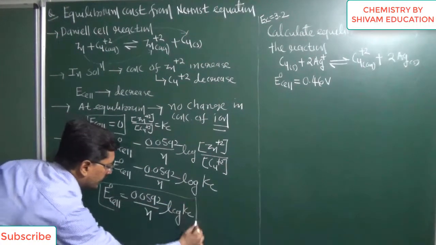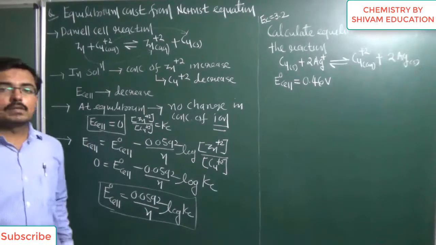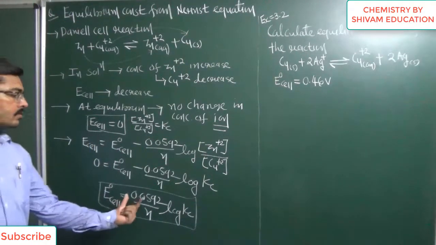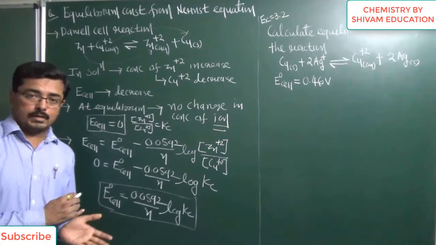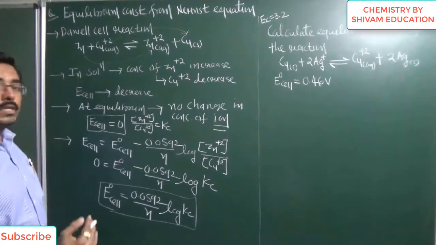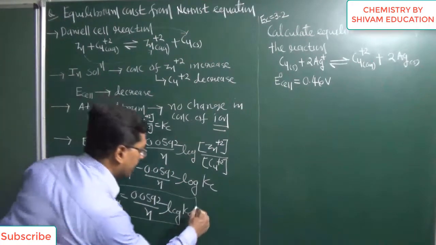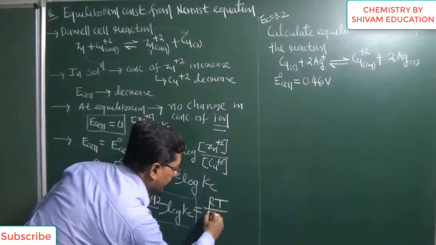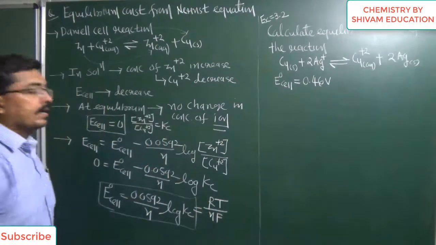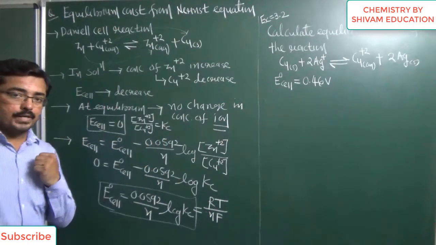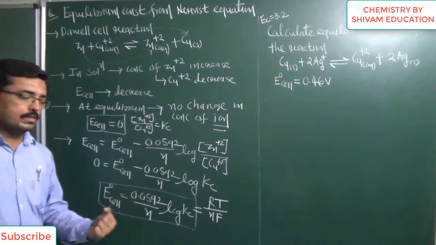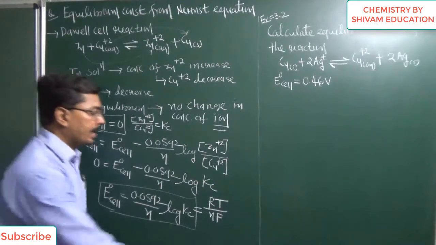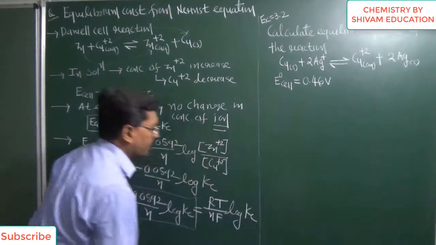By using this equation, or we can write in this way also: if we do not use 0.0592, then in the original form we can write it as RT upon nF, where R is the gas constant, T is the temperature in Kelvin, F is the Faraday constant, n is the change in electrons, and log Kc.